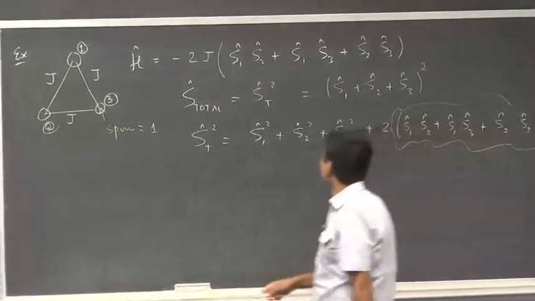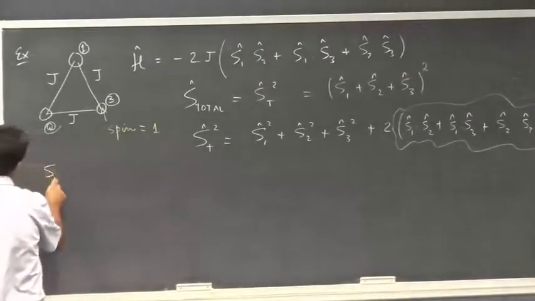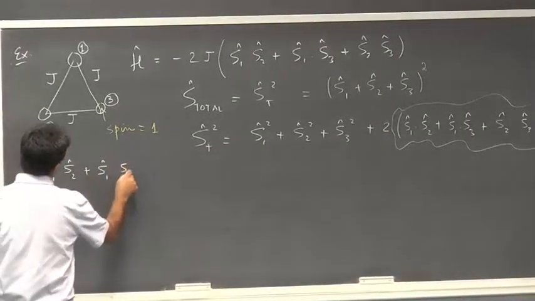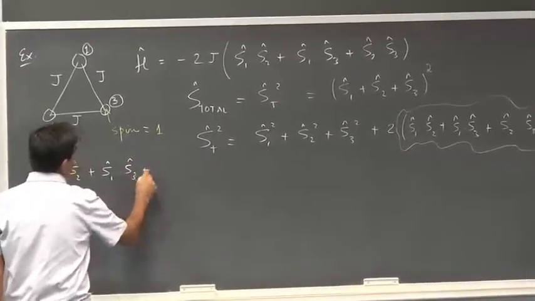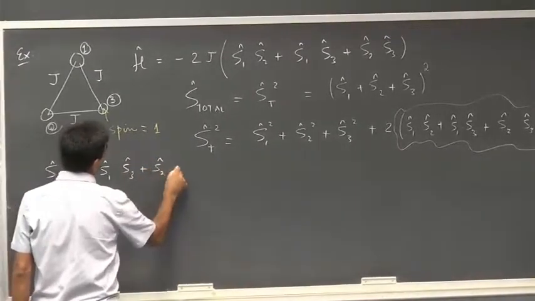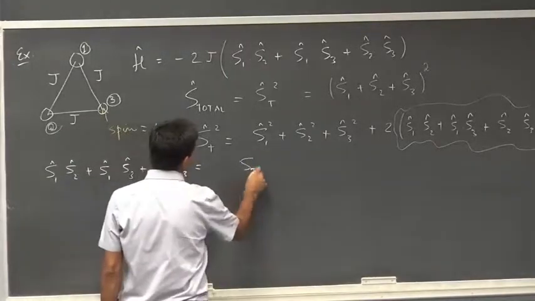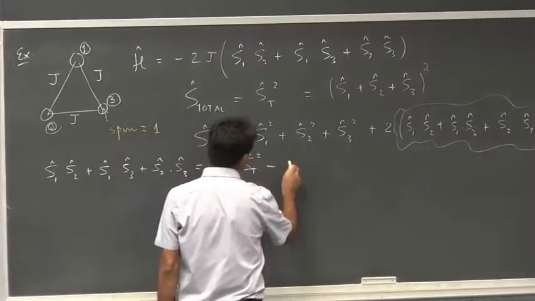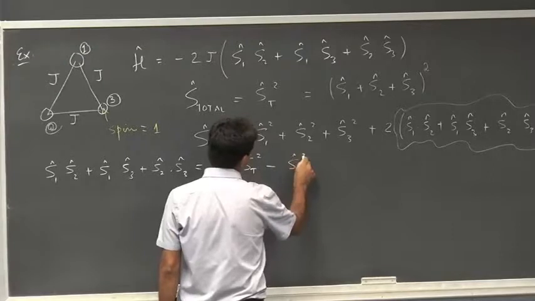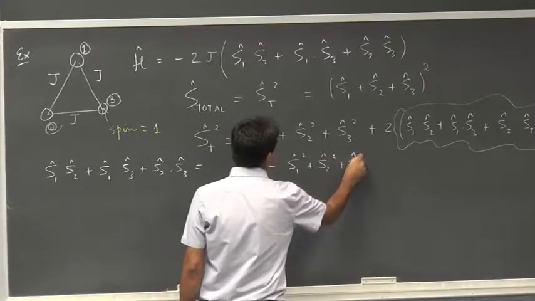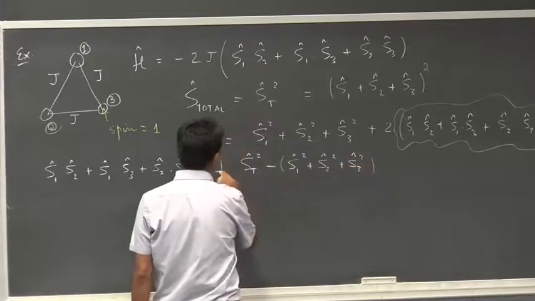So I will have S1 dotted with S2 plus S1 dotted with S3 plus S2 dotted with S3 equals (S total squared minus (S1 squared plus S2 squared plus S3 squared)) over 2.